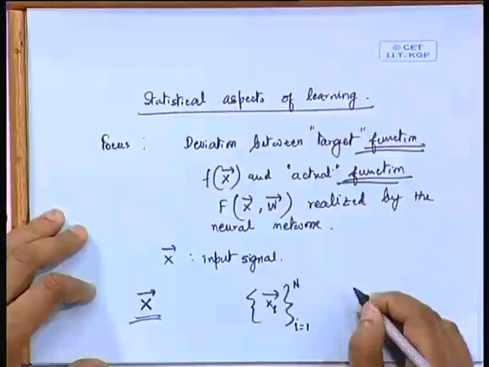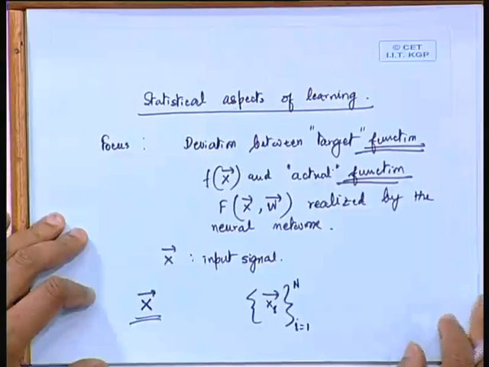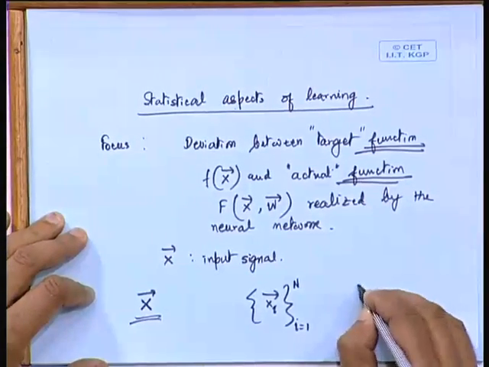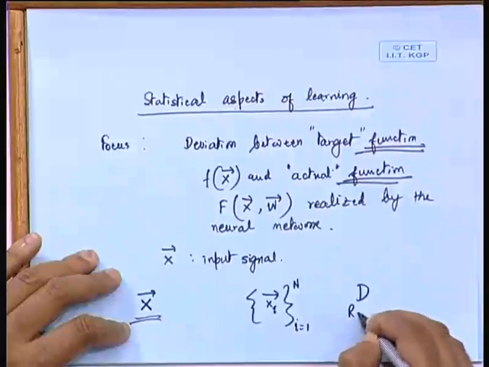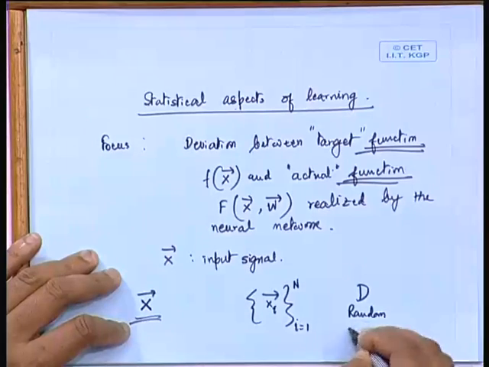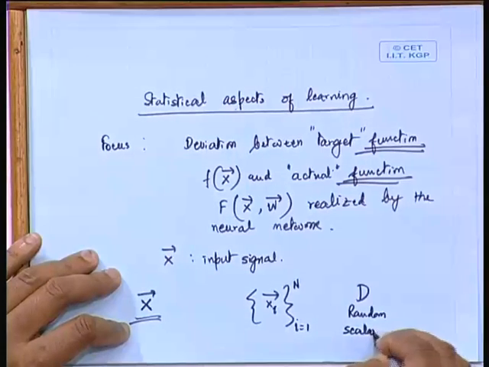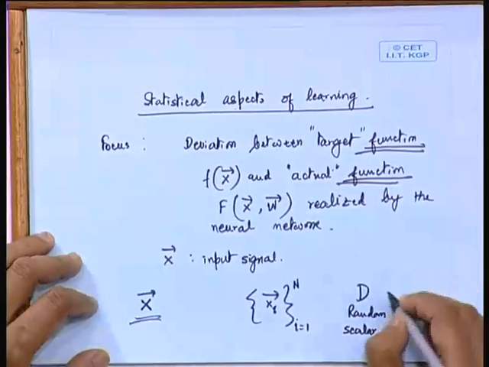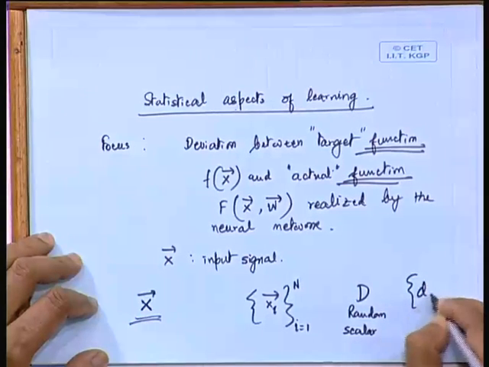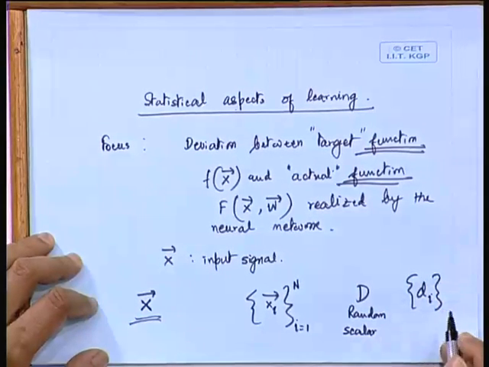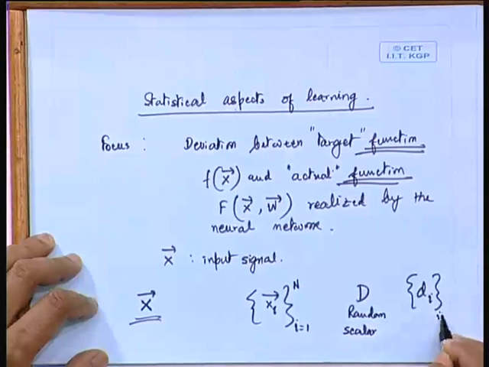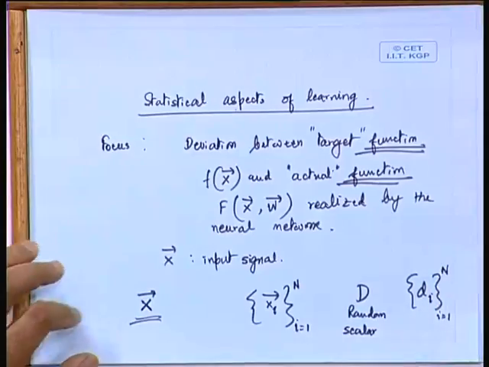And also we define a random scalar, if we assume the output to be a scalar. So, D is nothing but a random scalar quantity, and we define it as the set of di's, where di is the ith instance of that scalar, i equal to 1 to n.